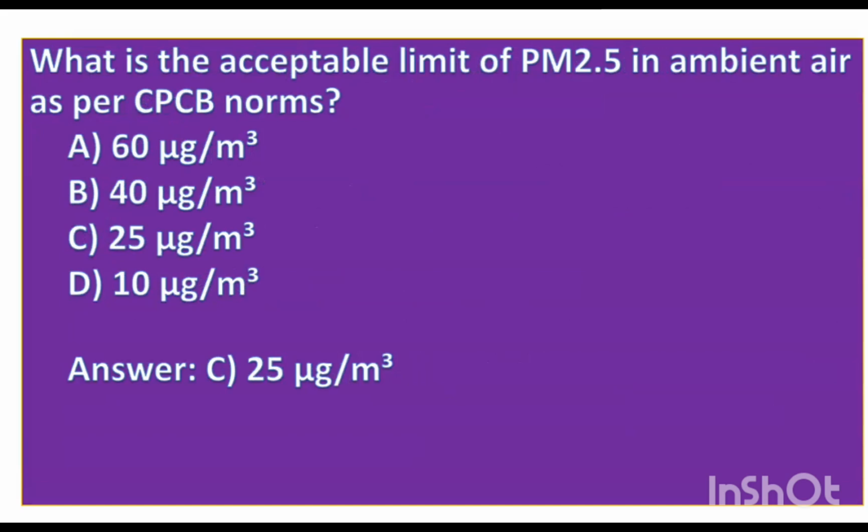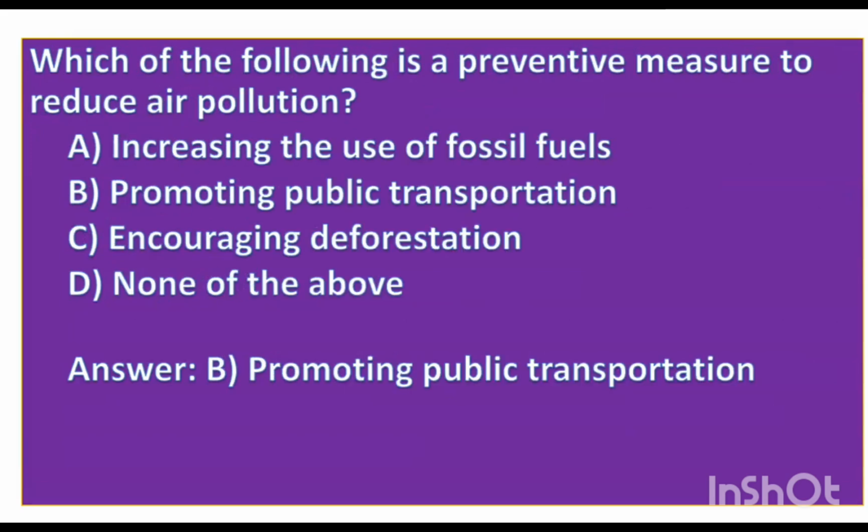Options: 60 micrograms per meter cube, 40 micrograms per meter cube, 25 micrograms per meter cube, 10 micrograms per meter cube. Answer: 25 micrograms per meter cube. Which of the following is a preventive measure to reduce air pollution?